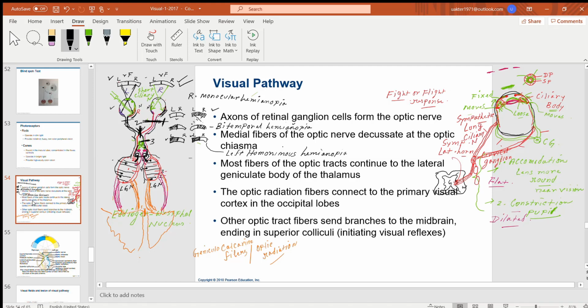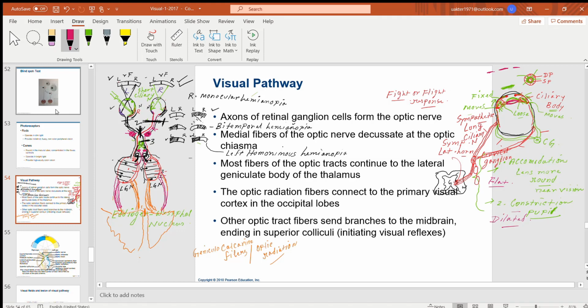Okay, now another thing can happen, in the condition where the internal carotid arteries are running in this area. If the internal carotid arteries press on the fibers here, these are temporal fibers of both sides, that can cause a lesion of the temporal fibers of both sides.